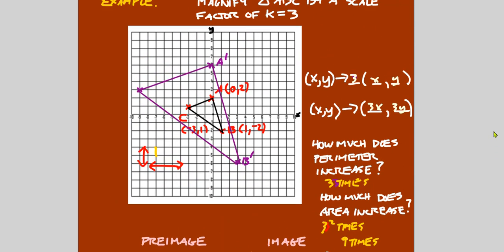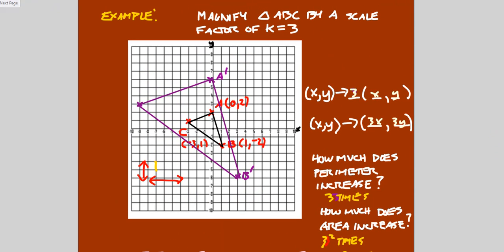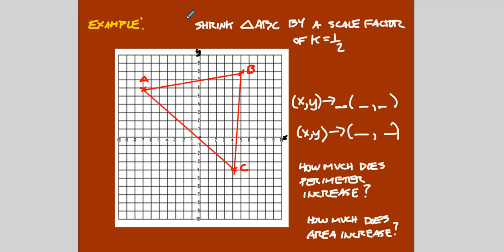Alright, so let's move on to another example. Okay, in this example, we're going to shrink triangle ABC by a scale factor of k equals 1/2, which is 0.5. You could also use 0.5 if you like, because half is equal to 0.5 as a decimal. So in this case, I figure it's going to be smaller than it was originally.